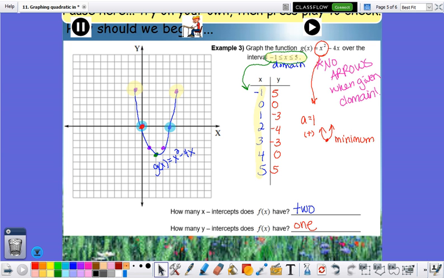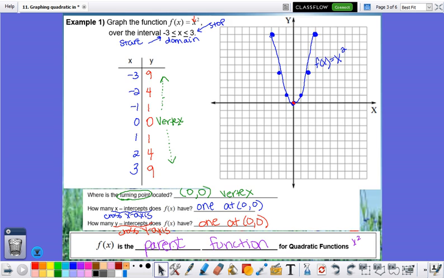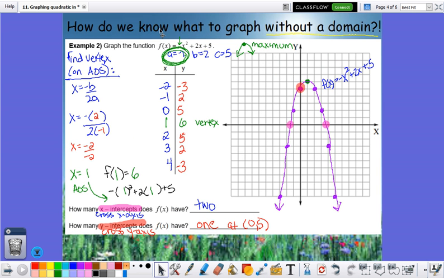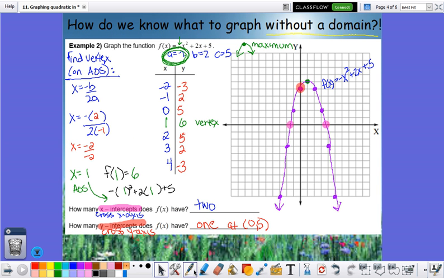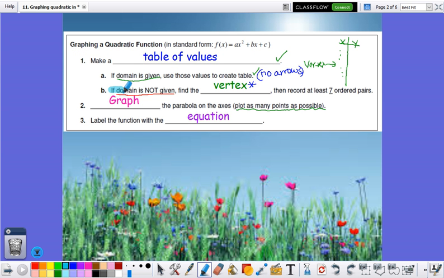So just to recap, let's see. The first one and the last one gave us a domain, which made it very easy to begin. But how do we know what to do without a domain? Well, you have to use your notes. Your notes say if the domain is not given, we have to find the vertex and then record 7 ordered pairs.